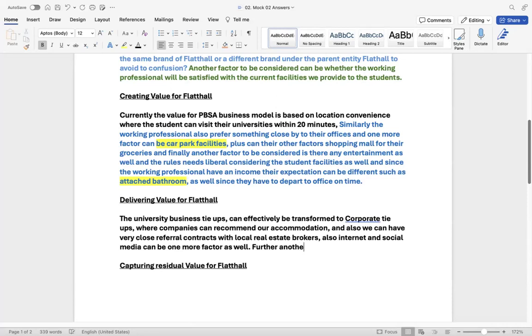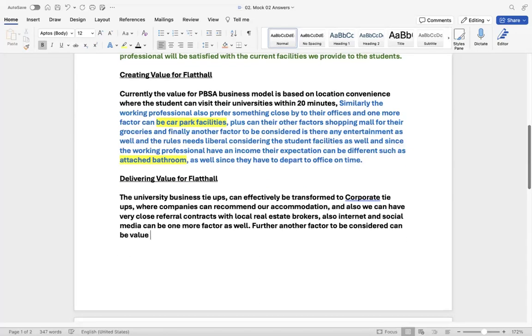Further, another factor to be considered can be value for money, and also the target working class.